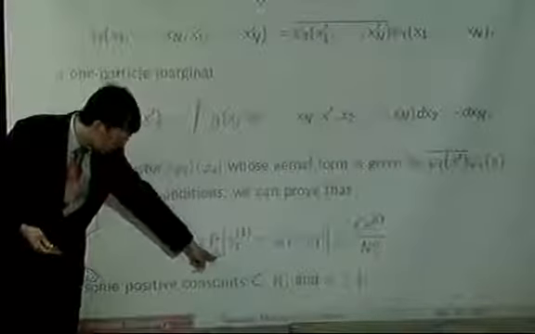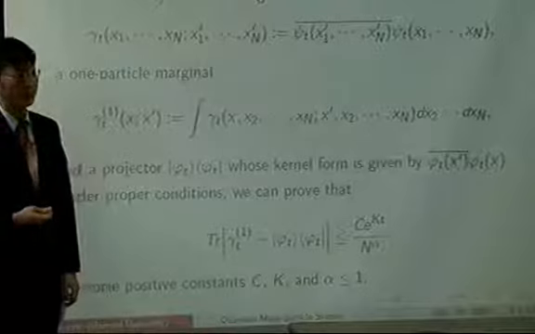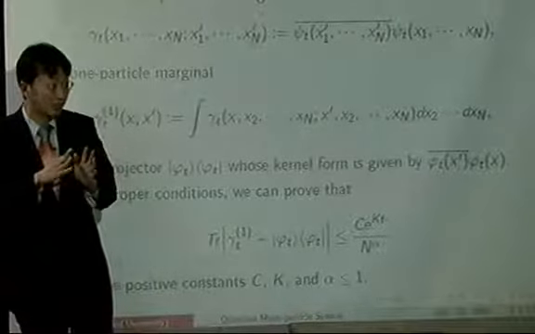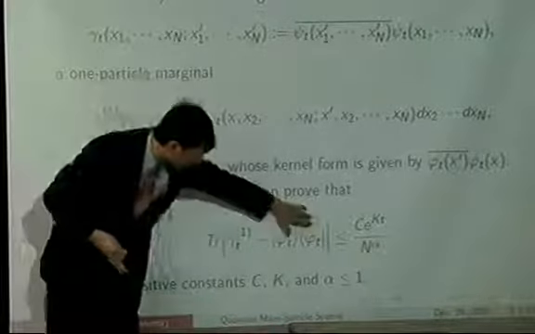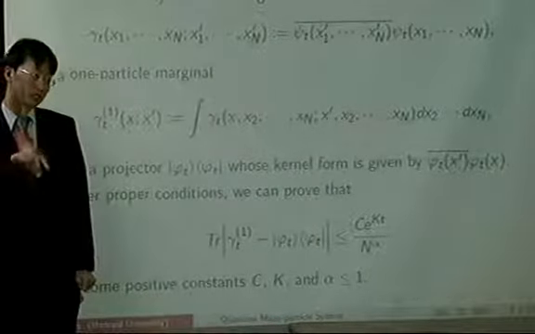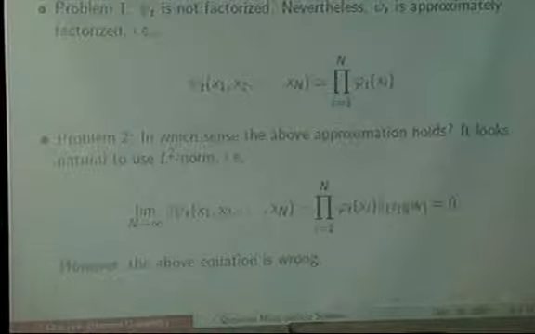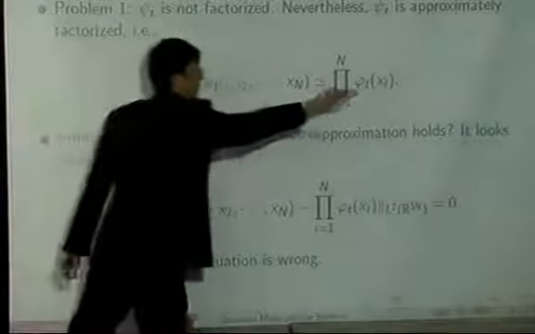We can prove even more: the trace norm of the difference is bounded by some constant depending on t, over n to the alpha, where alpha is bigger than 0 and less than or equal to 1. So if you let n go to infinity, then this part will become 0. That's why this trace norm should converge to 0, and that's how we give meaning to saying that this wave function, our target, is very close to this.